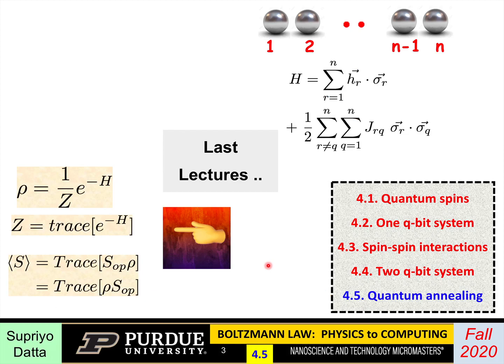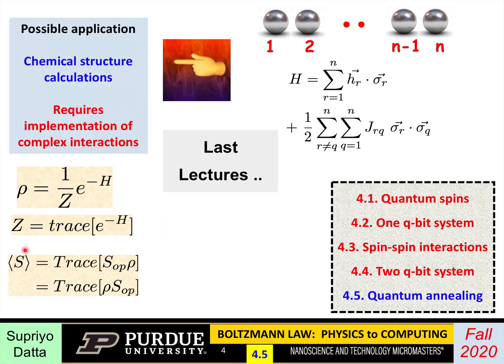Now, in the earlier lectures, we established this basic framework for describing quantum spins: how you write down the energy matrix or the Hamiltonian matrix, how you obtain the probability matrix or the density matrix, and then deduce the expectation values of different observables.